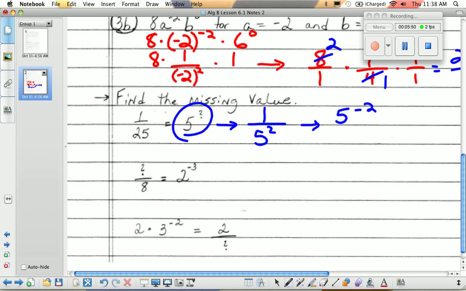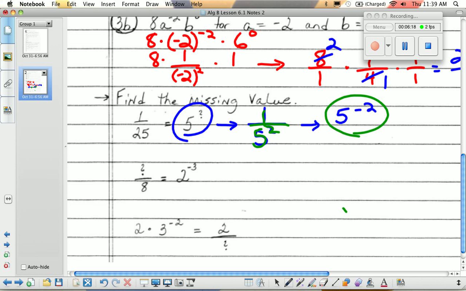The 5 squared can move back upstairs and go back to its negative state. Why isn't it negative 2? Because remember, if it was, what would we do to rewrite this 5 to the negative 2 power? What would we do if we wanted to get rid of the negative power here? We'd write it as 1 over 5 to the second power.